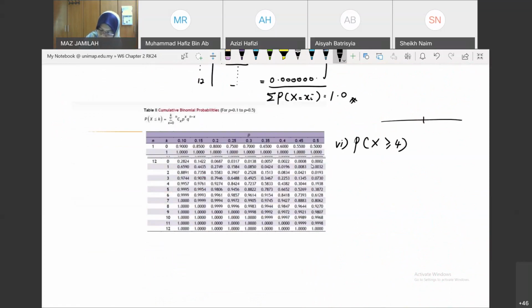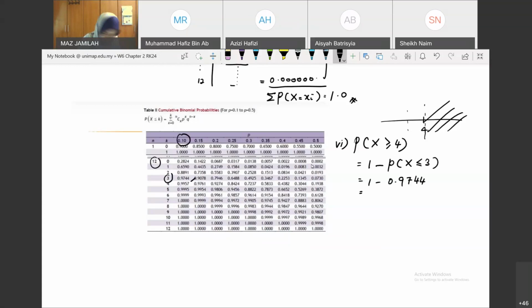We are talking about 4, and 4 is included. So it will be 1 minus P(X ≤ 3). So 1 minus 0.9744. So you will get, I guess, 0.0257.